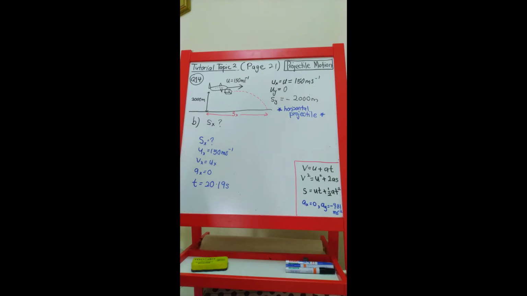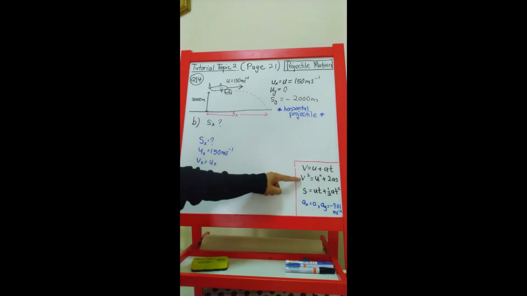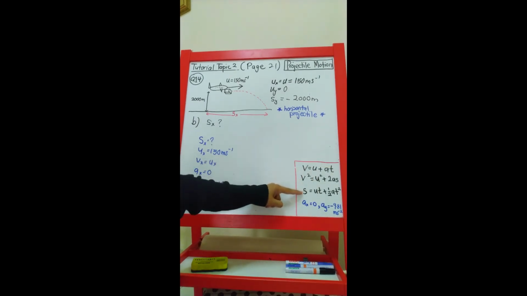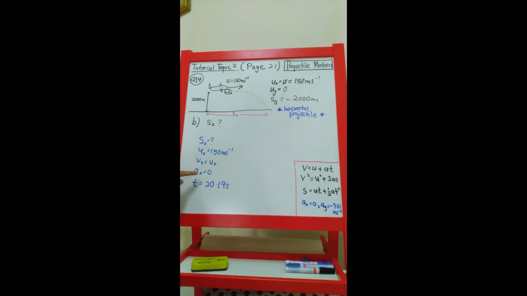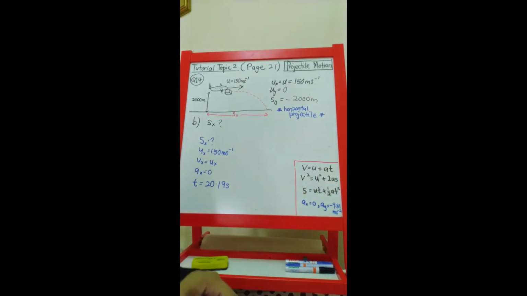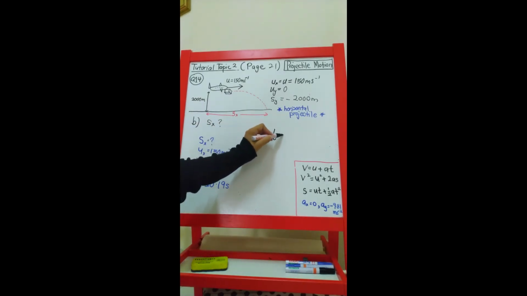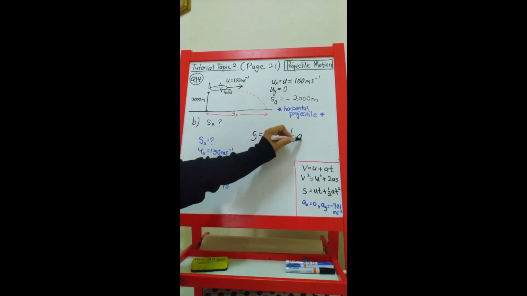The equation suitable is the one with s, so omit this one. So the second and third one. But ax equals 0, so if we put 0 here, we cannot find s. So the equation that is suitable is the third one.